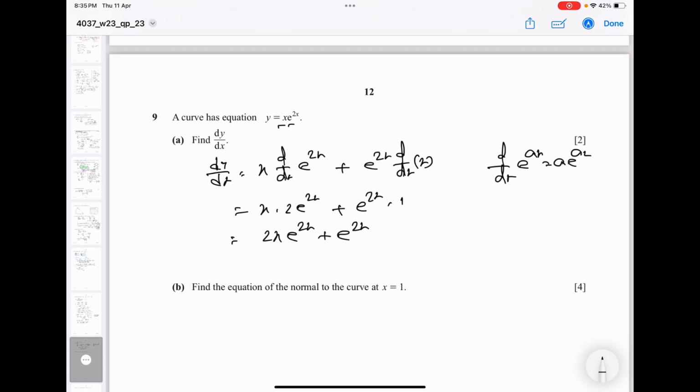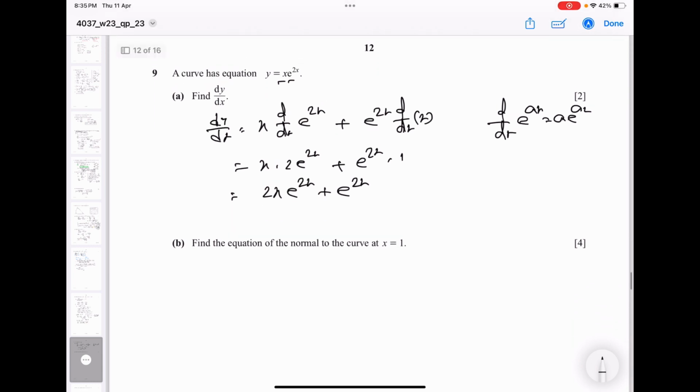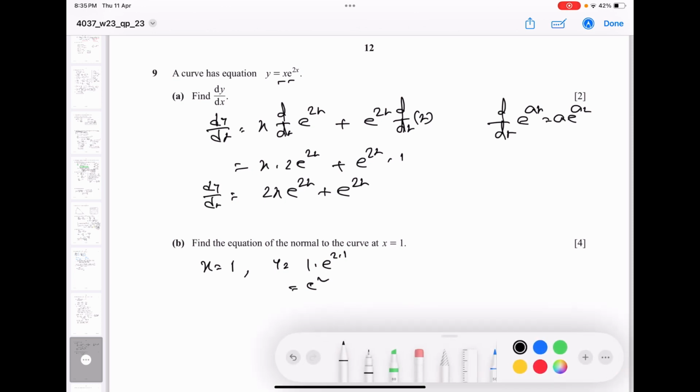Done. Find the equation of normal to the curve at x equals to 1. If x is 1, y equals to 1 into e to the power 2 times 1, so e squared. Okay, let me copy it.